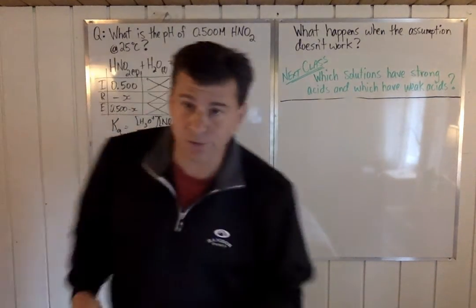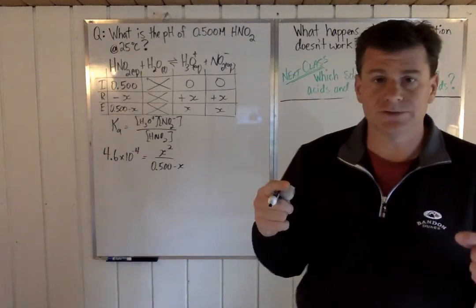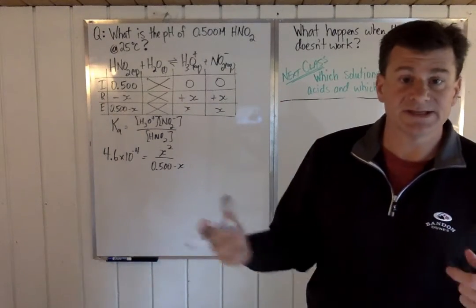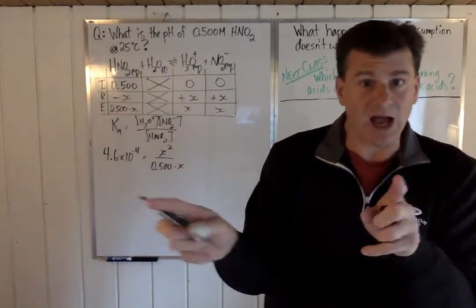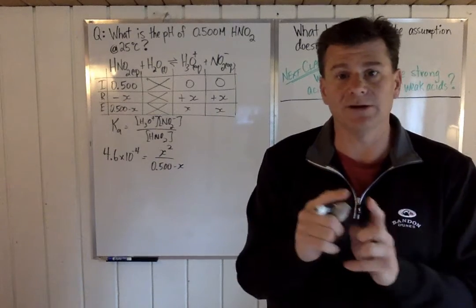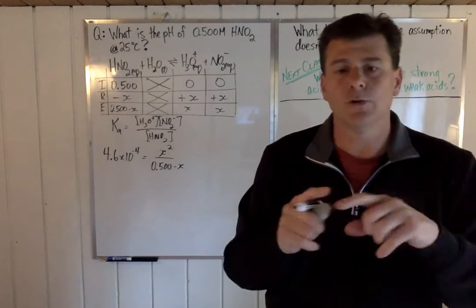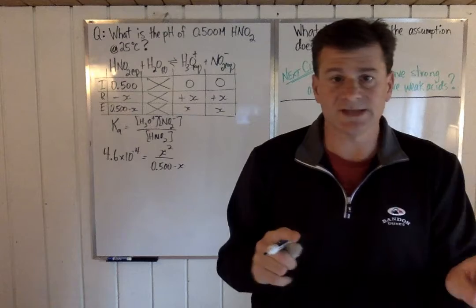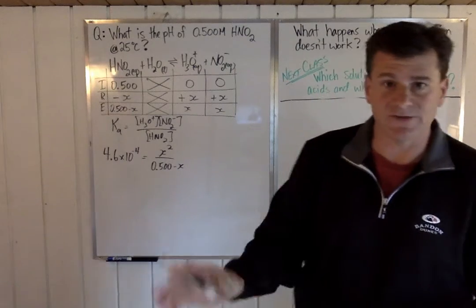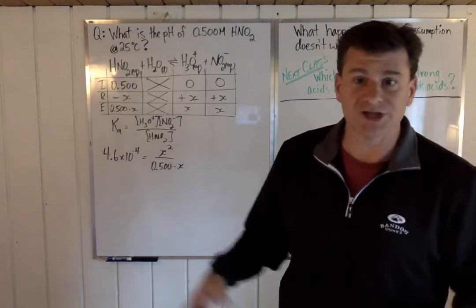Now what I'm going to do is I'm going to do the math. But remember, this is the stage where you decide your pathway. You're going to go quadratic formula, or you're going to go do the assumption. And this is about the assumption. If you do the quadratic, you're not even watching anymore.